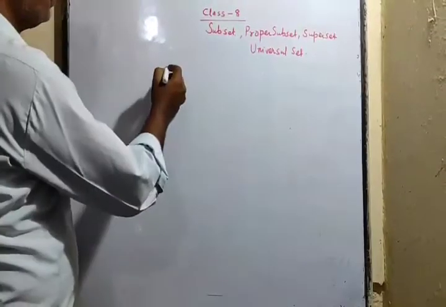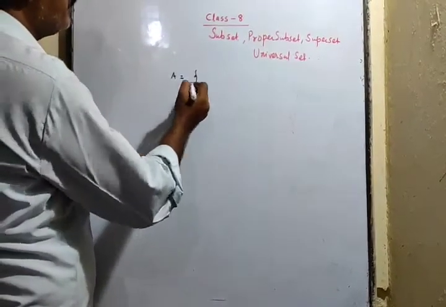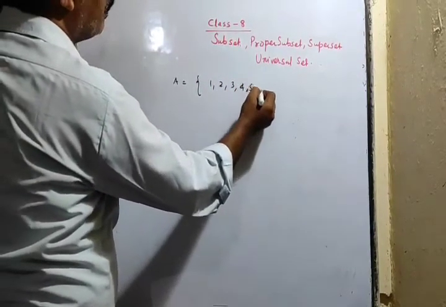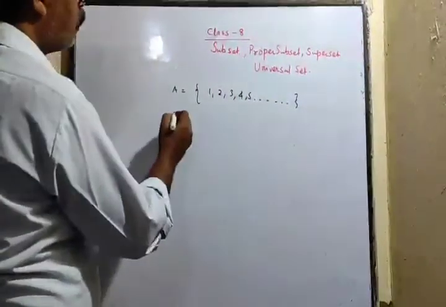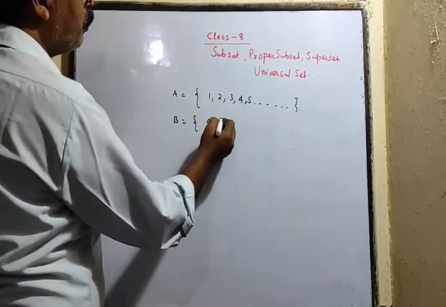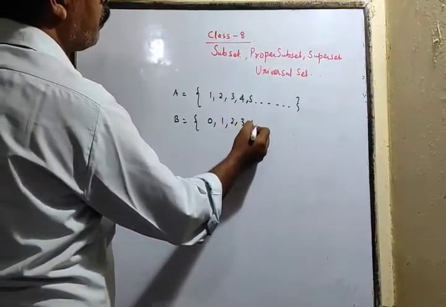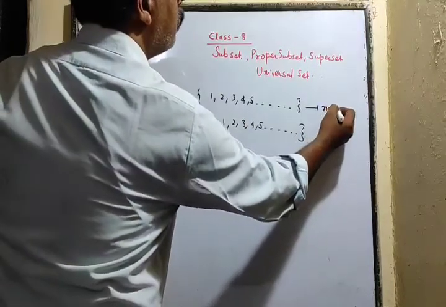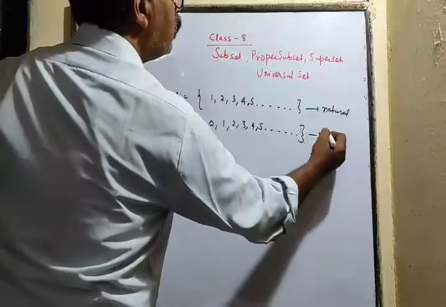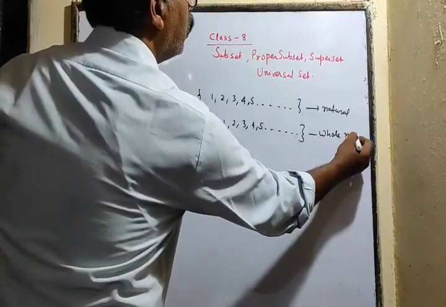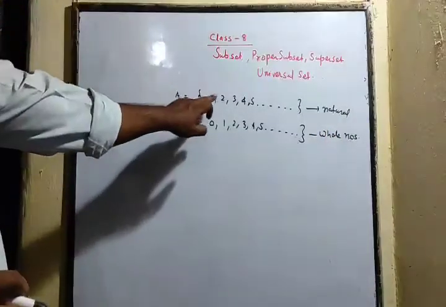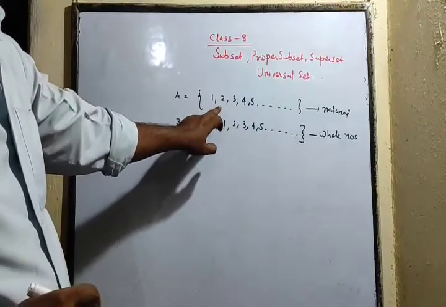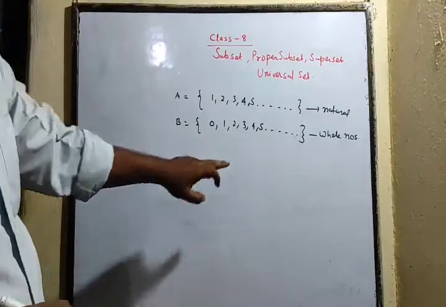One more example we'll see. I am writing two examples. A is given as 1, 2, 3, 4, 5, and so on, and B is given 0, 1, 2, 3, 4, 5, and so on. So this is the set of natural numbers and this is the set of whole numbers. We are finding that each member of set A is a member of set B, meaning natural numbers are contained in the set of whole numbers.